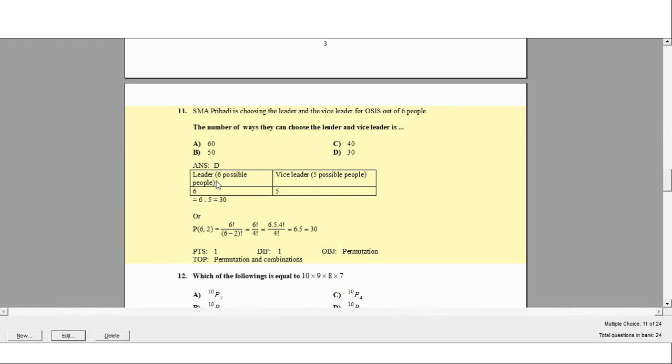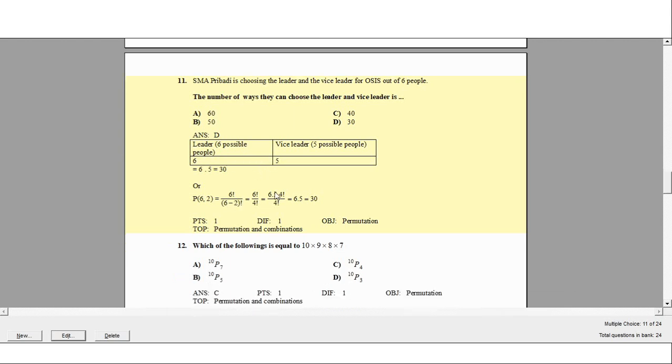The first way is using this method. For the leader here, there are 6 possible people, right? So it's 6, and then for choosing the vice leader, it will be 5. Why 5? Because we already chose 1 person for leader, so 5 remain. So simply 6 times 5 equals 30.